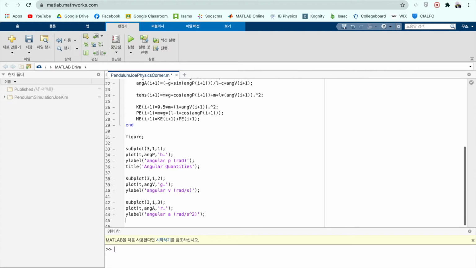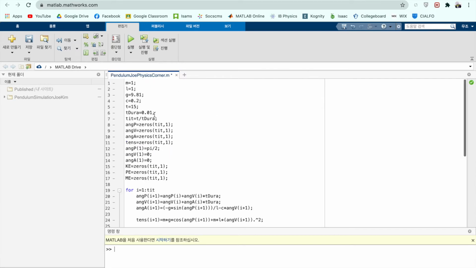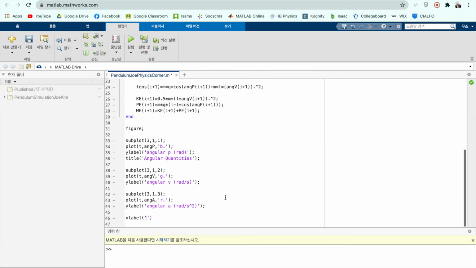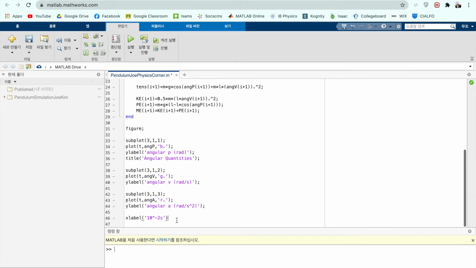And now all of the x labels of this graph would be, because I set here the duration as 0.01, I would have to multiply everything. The units must be in terms of 10 to the minus 2, because one duration is 0.01.